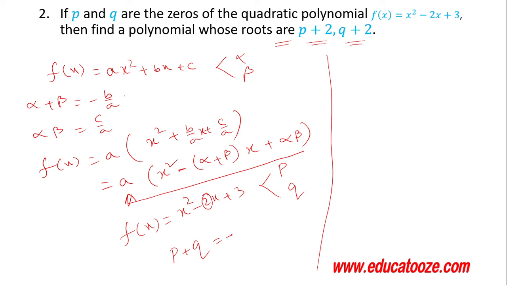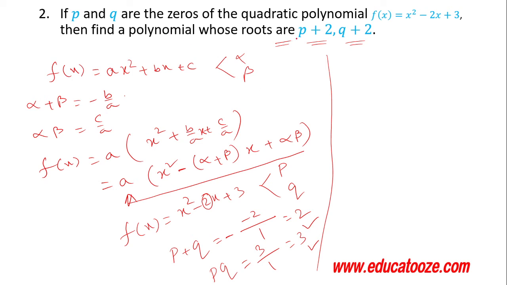The coefficient of x is minus 2 and the coefficient of x squared is 1, so this becomes 2. Pq is the constant term divided by the coefficient of x squared, that is 3. So we got the values of p plus q and pq.